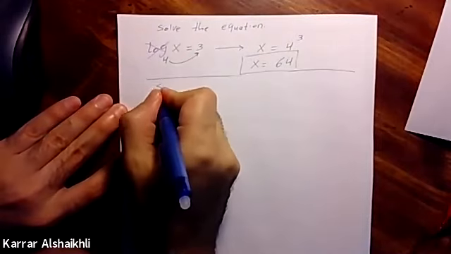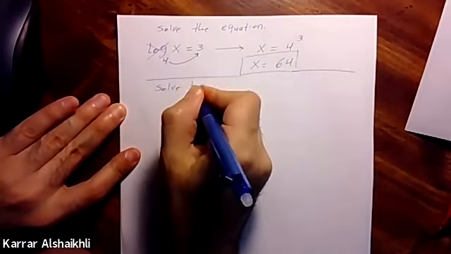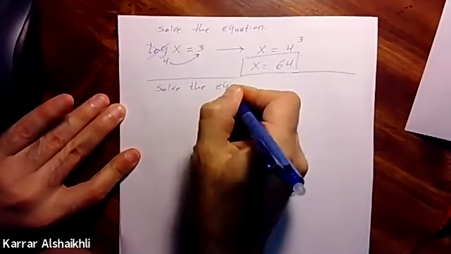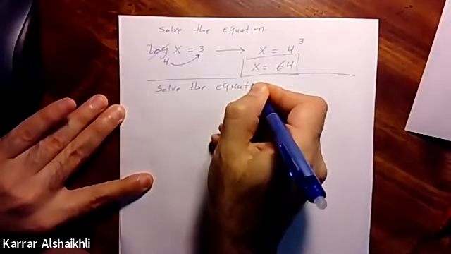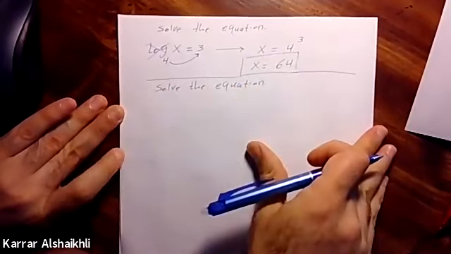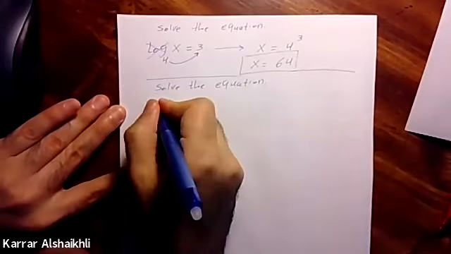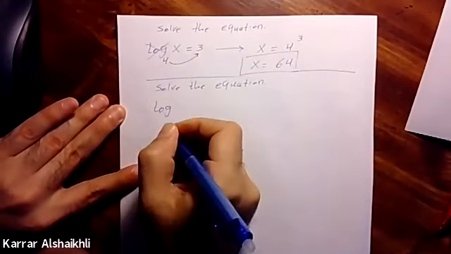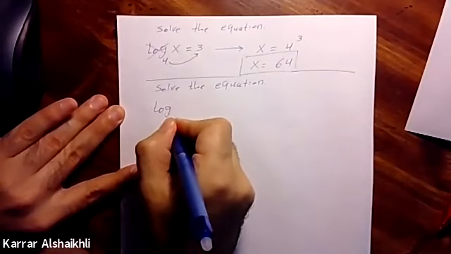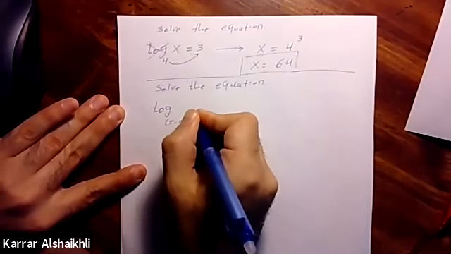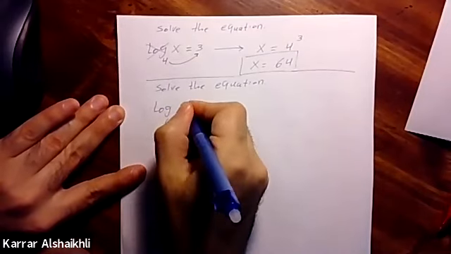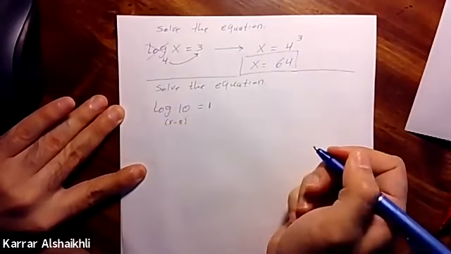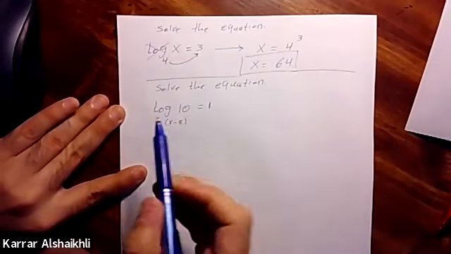Solve the equation. If you have log to the base x minus 5 of 10 equals 1, the same thing. You see the base?